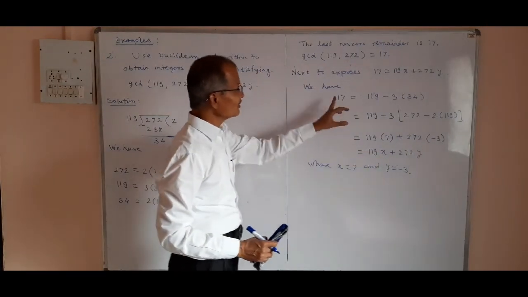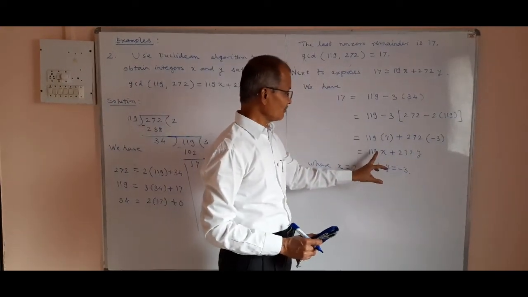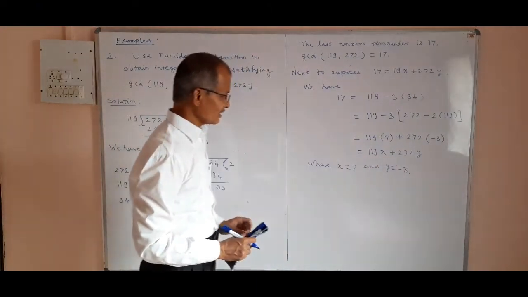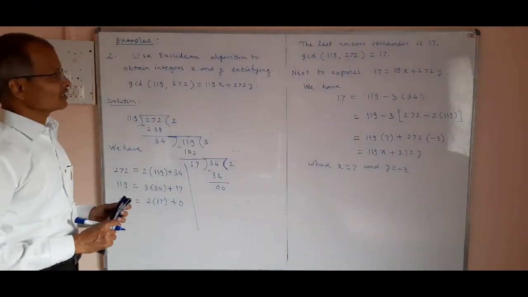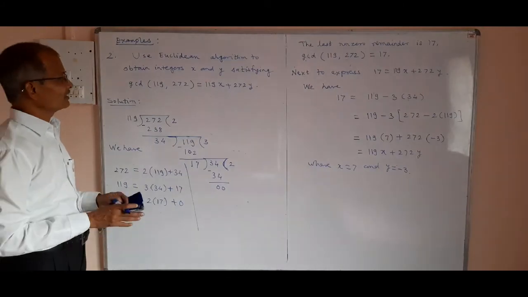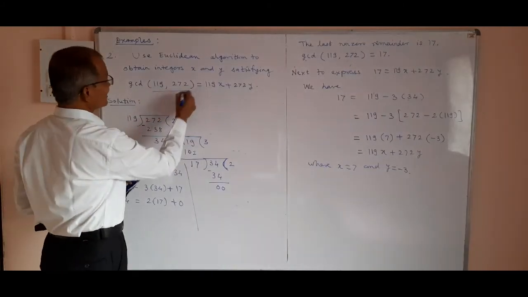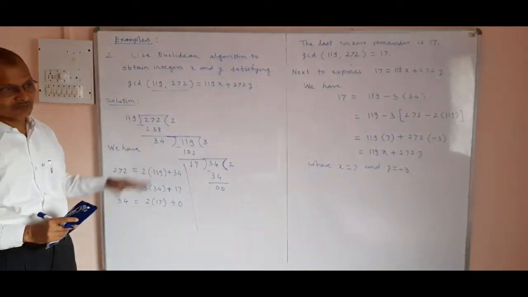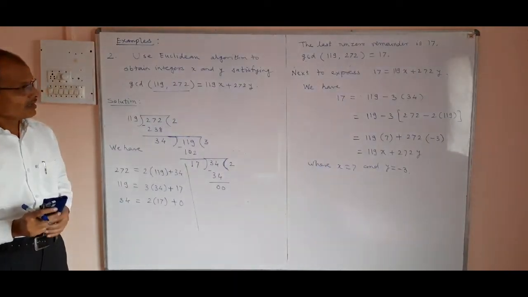We shall get this GCD as a linear combination of the original integers 119 and 272. So this is the Euclidean algorithm process to obtain the greatest common divisor. If the numbers are larger, we can obtain it directly.